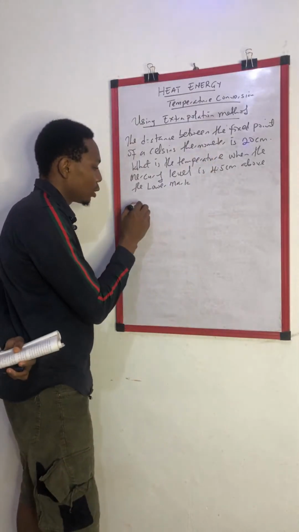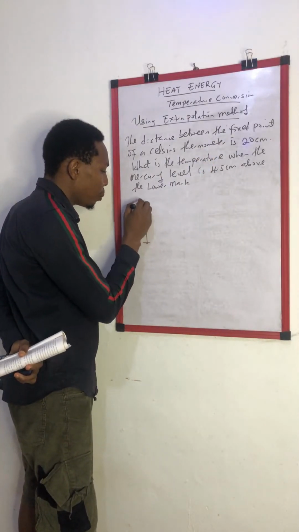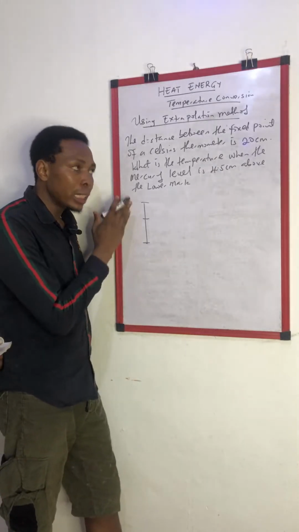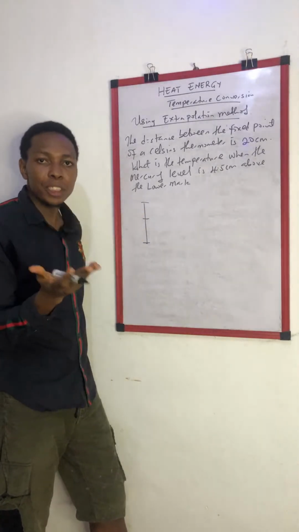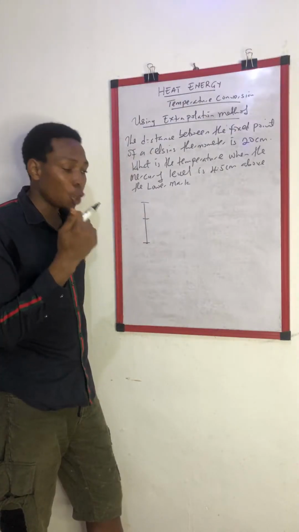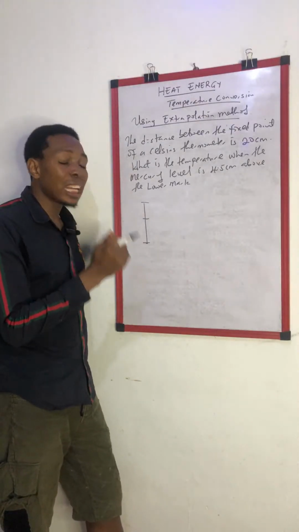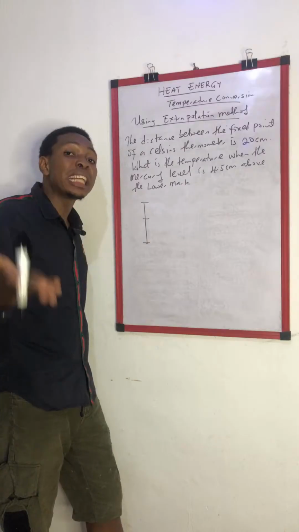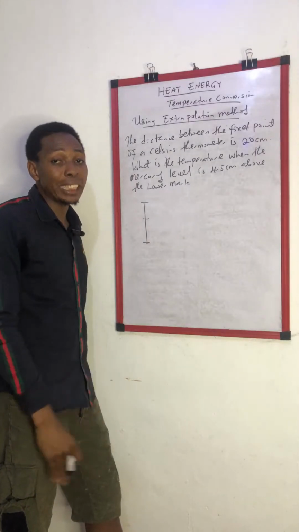Now this is it. We are still using the extrapolation method. They say the distance between the fixed points. What are the fixed points? The lower fixed point and the upper fixed point. If the distance is 20, that means you are counting from 0 till you get to 20.